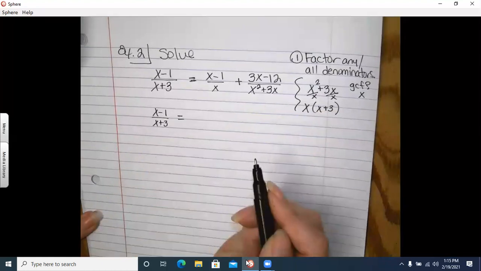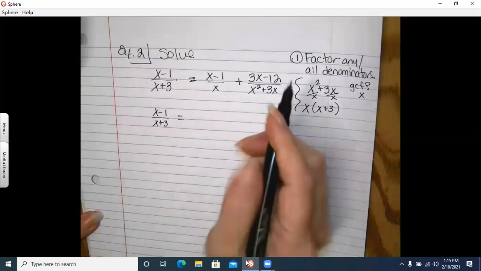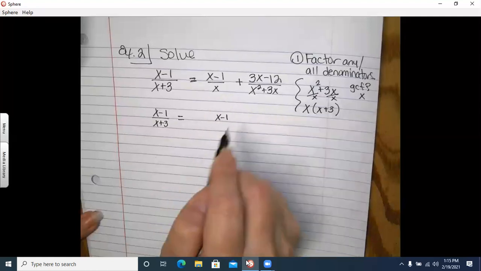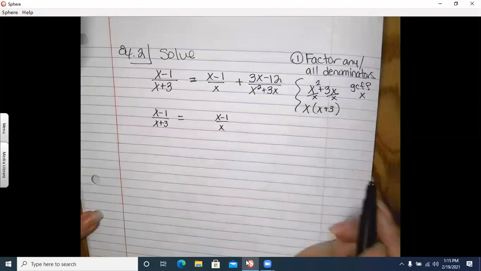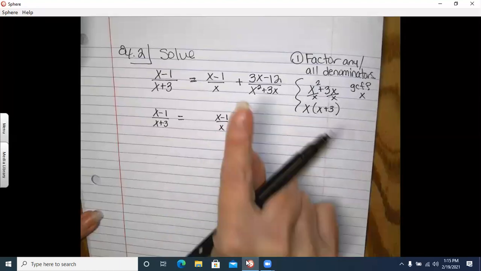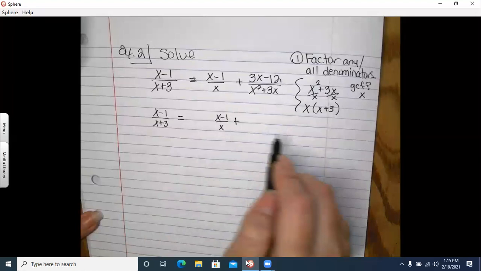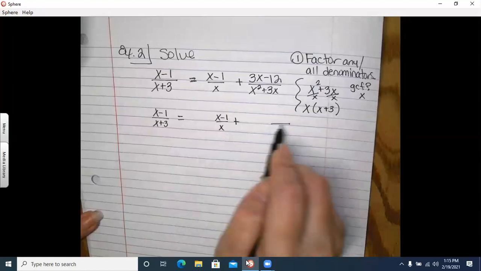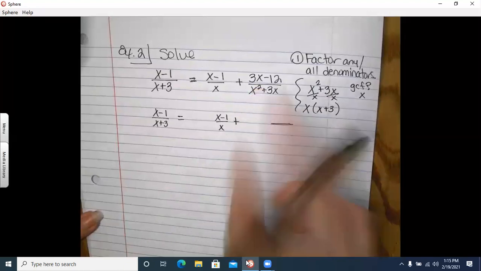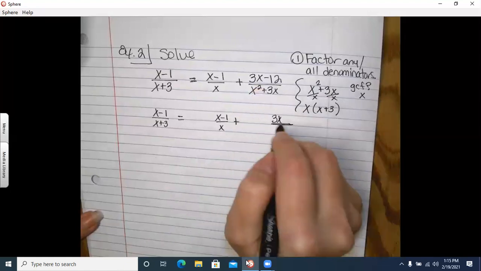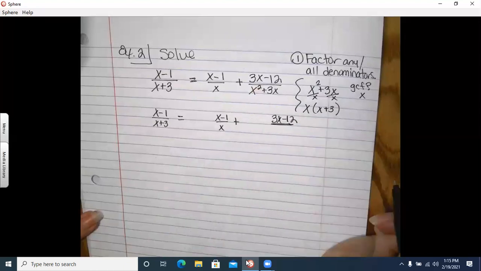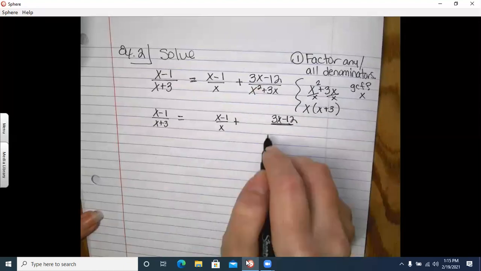I'm going to give myself some space so I can come in and do that LCD. And then it says to add the next fraction. That numerator, yeah, I can factor that, but no need to. It's the denominator that we need to worry about. So the factored form of the denominator was x times the quantity of x plus 3.